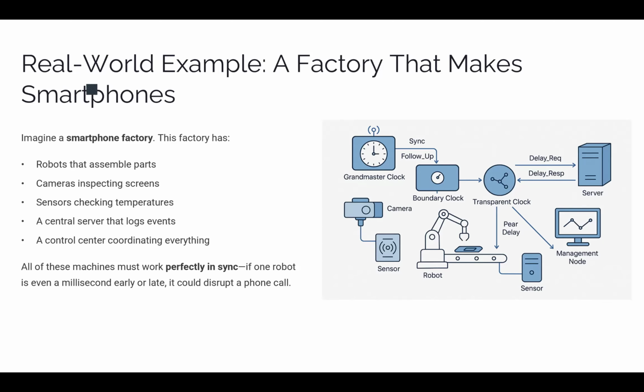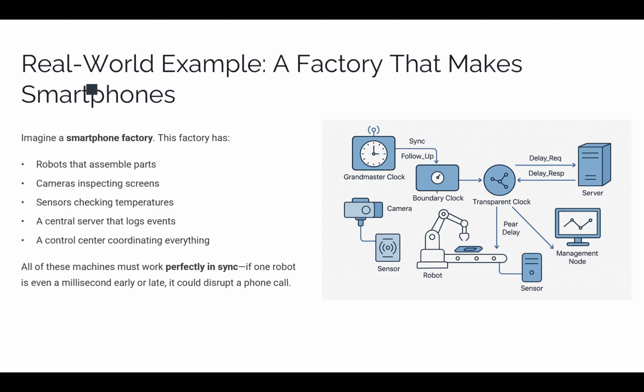And in the bottom layer, we have our clients, the ordinary clocks. It could be those robots, cameras, sensors, or the server that logs the information, which has only one PTP port that acts as a slave in our architecture.